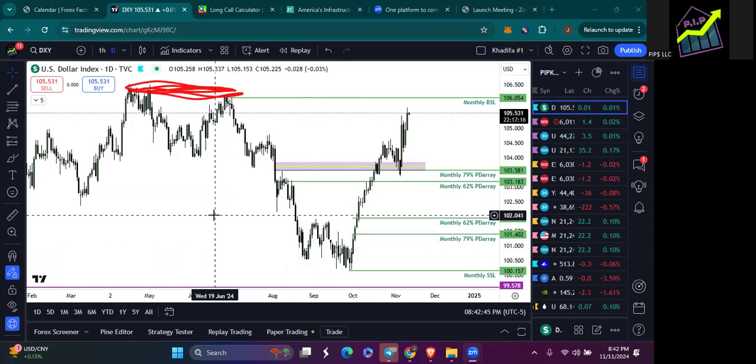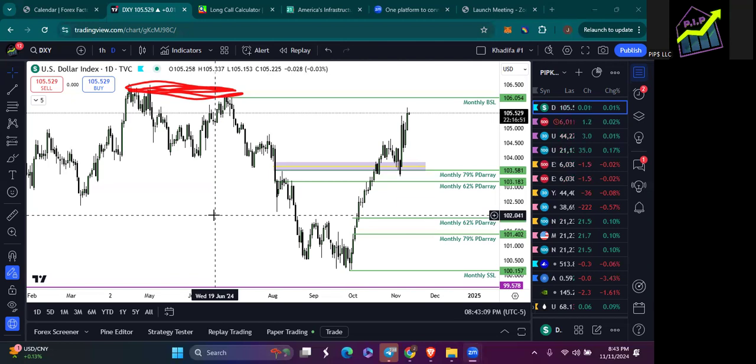As always, starting out with the dollar index. We like to use the dollar to gauge the rest of the asset classes that we trade, which is forex, foreign exchange, futures, metals, and crypto.